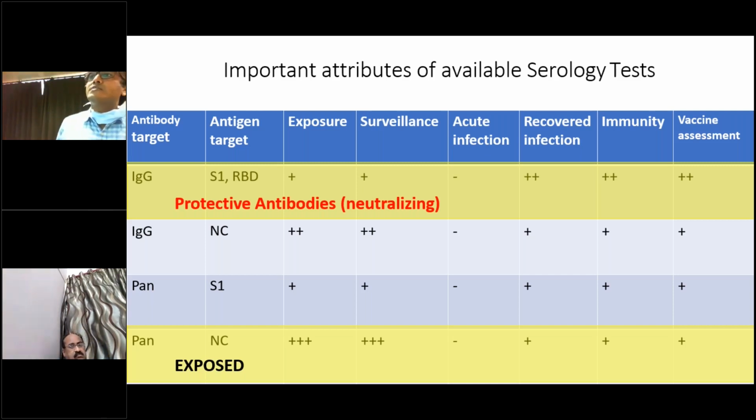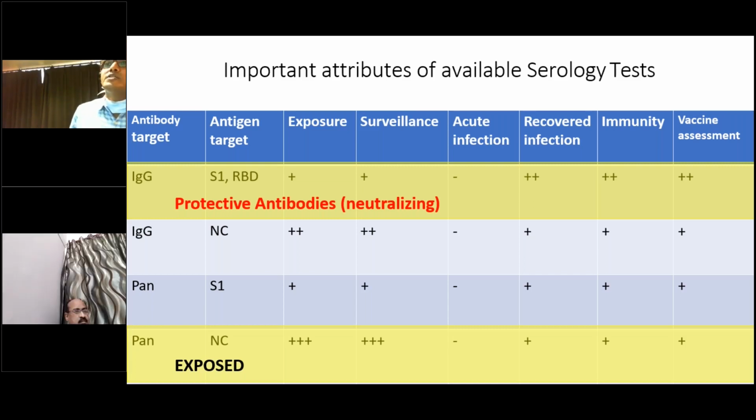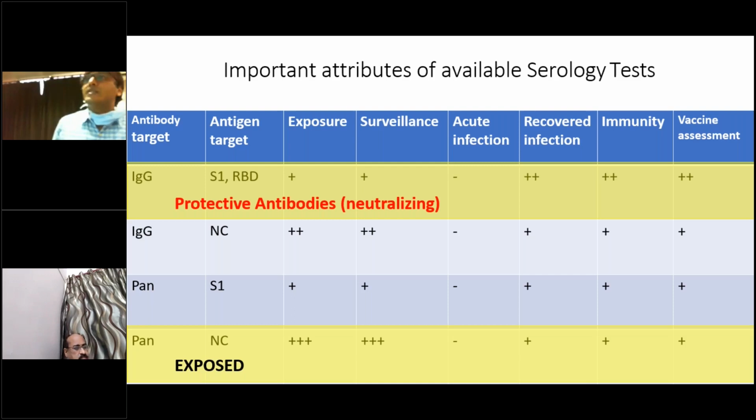And if the total antibodies or the IgG antibodies formed against the nucleocapsid antigen or S1 antigen are present, then we can predict that the person is exposed to the infection.